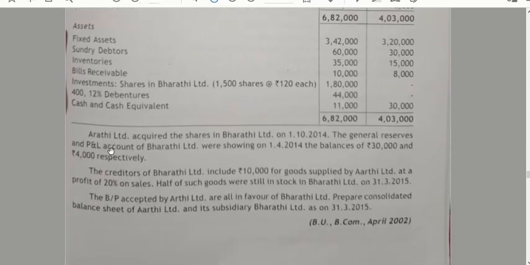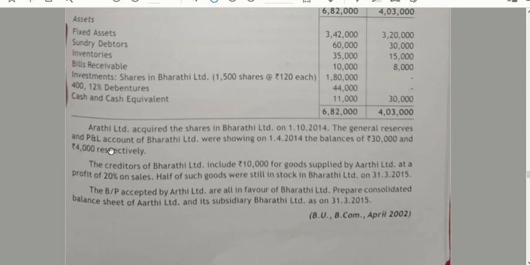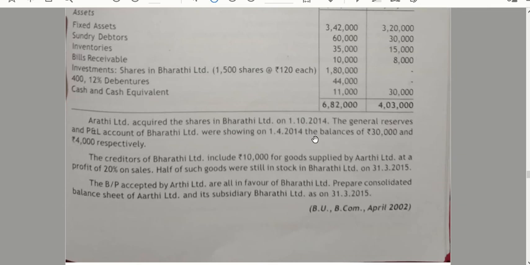The adjustments given in this question are: Aarti Limited acquired the shares in Bharati Limited on 1/10/2014, which is in the middle of the year.